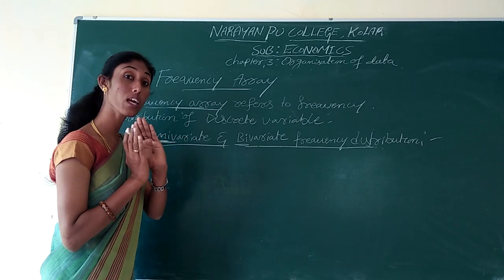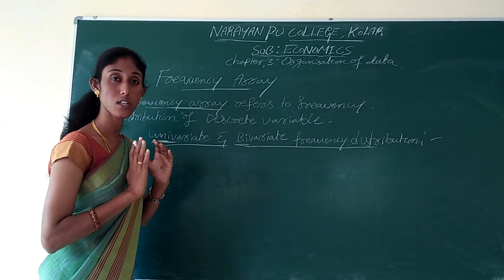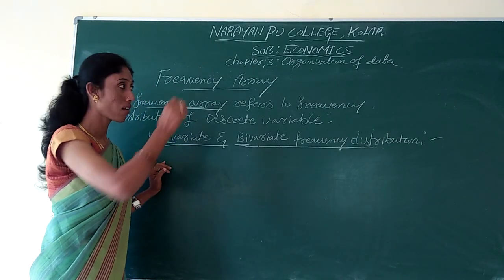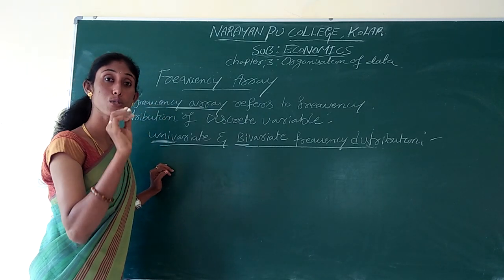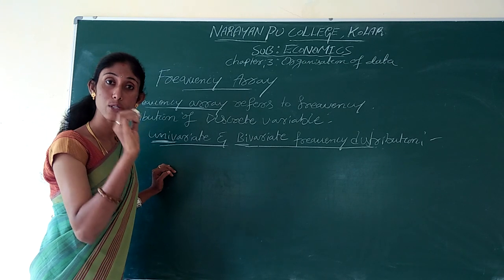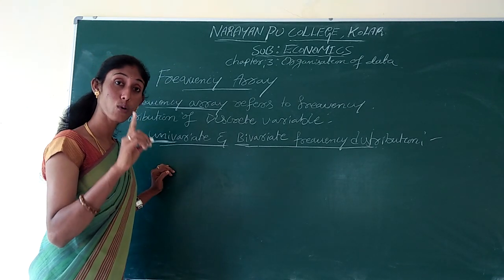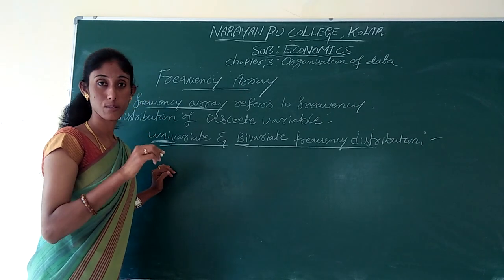We consider only one single variable frequency distribution. That can be called as univariate. For example, in the previous sessions we have discussed the marks of students, the marks of students in a particular class. There we considered only one particular variable, that is marks.